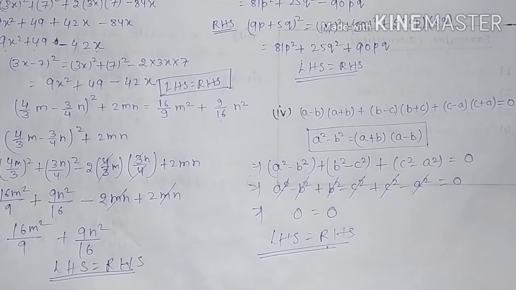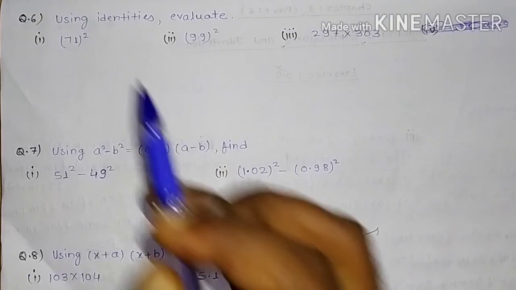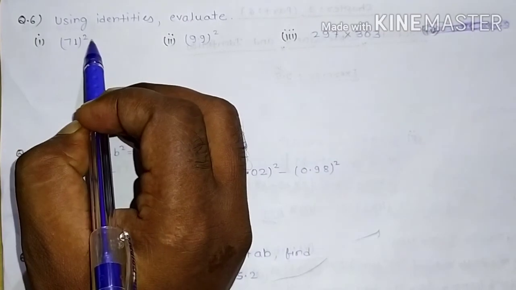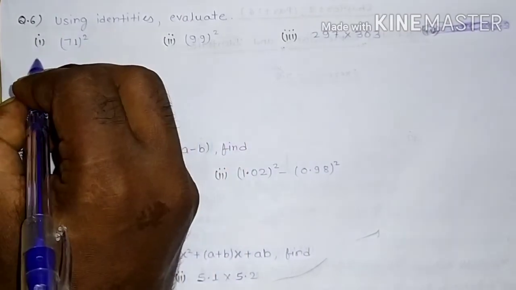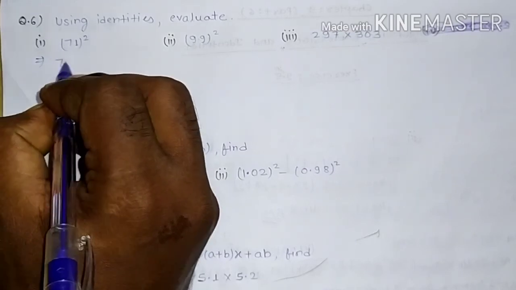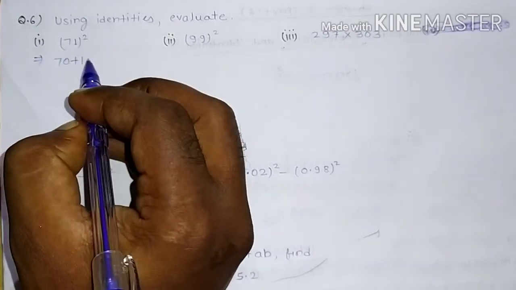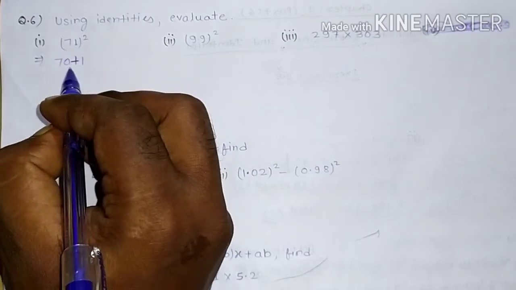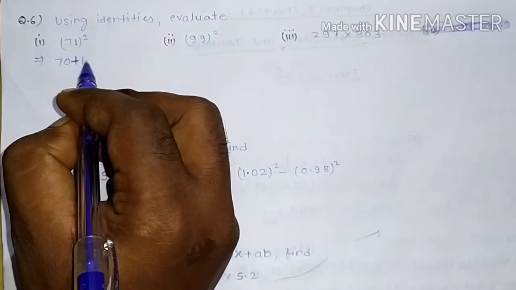Now the next question, that is question number 6. Using identities, evaluate 71 whole square. So in place of 71, we can write 70 plus 1.